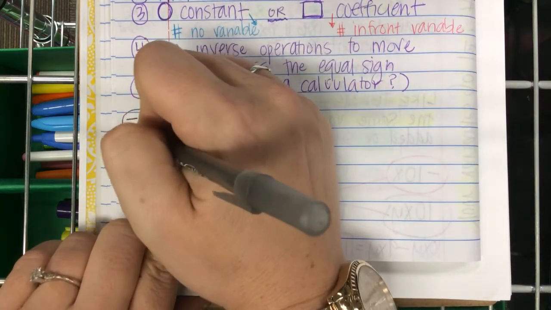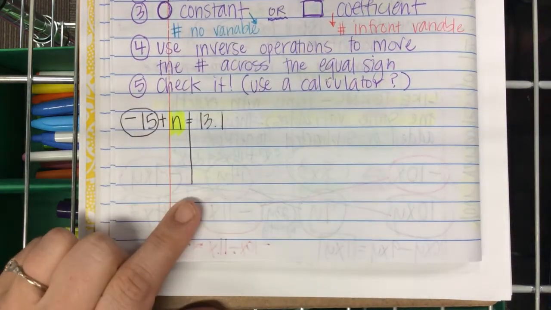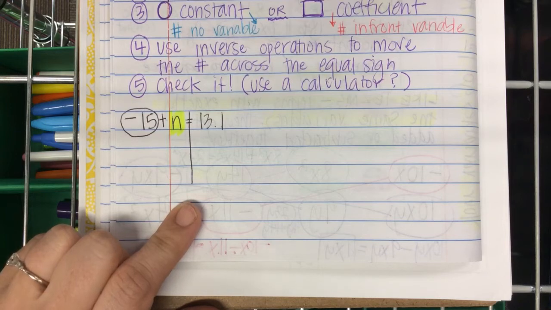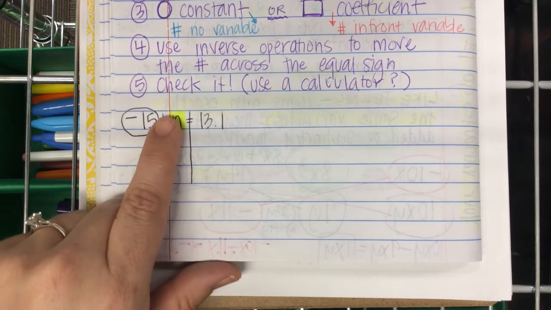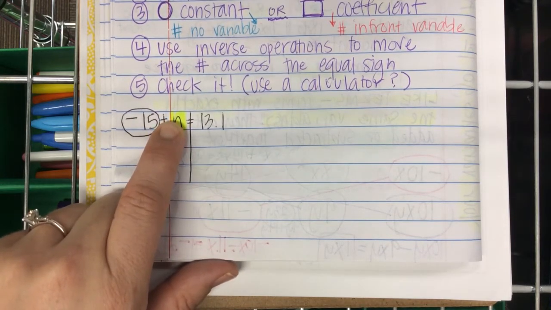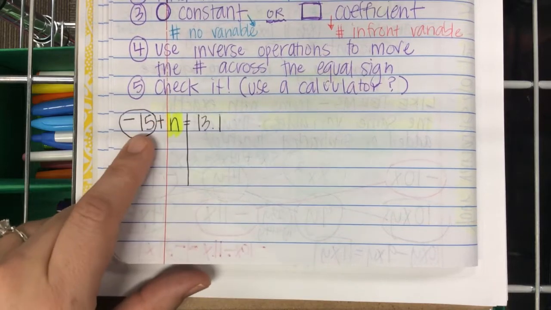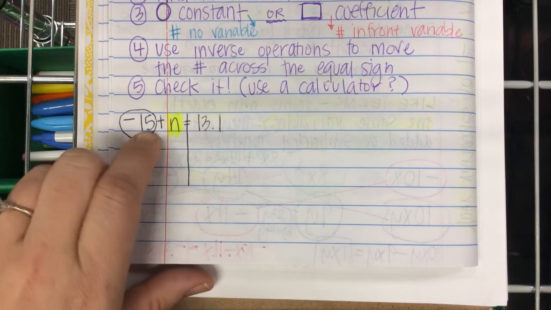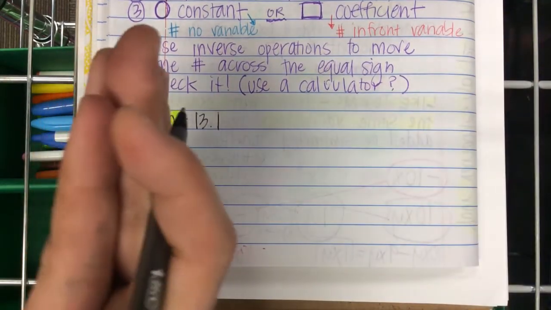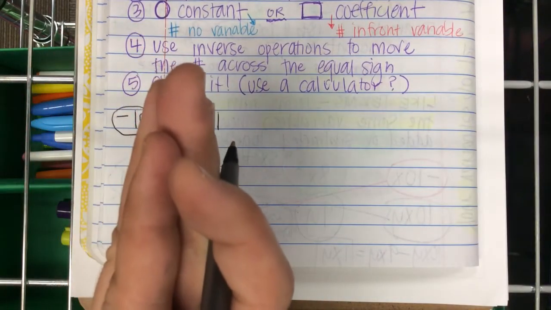It's a constant. Technically speaking, Sam, there is a coefficient there, isn't there? There's a 1 that's touching it, but it's hiding, so we don't really care. It's a constant. It's a plus or minus number. It's not touching that n.